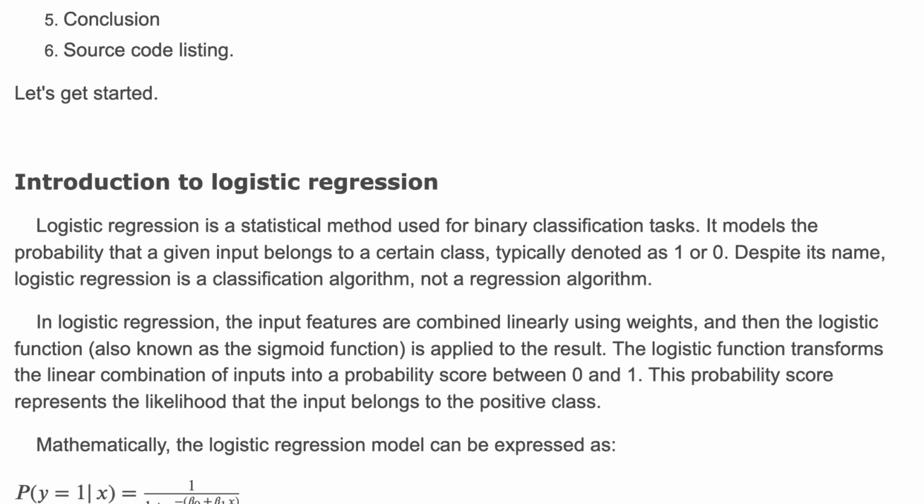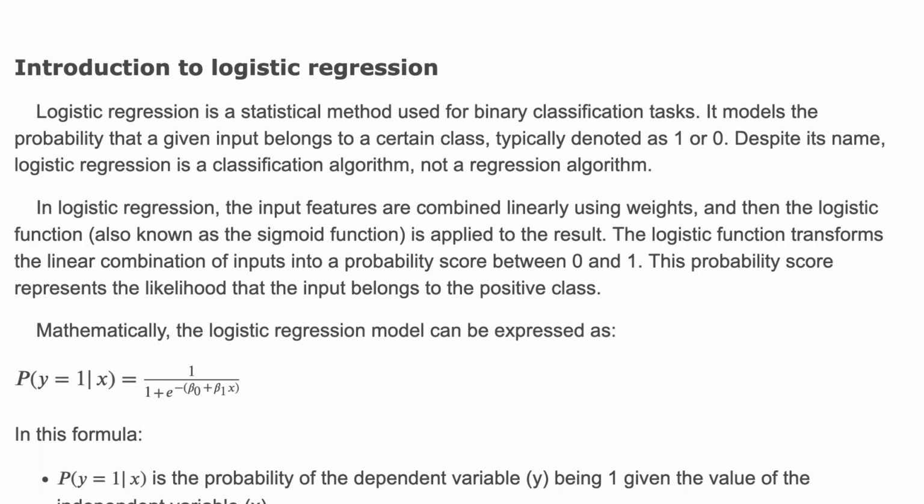Logistic regression is a statistical method used for binary classification tasks. It models the probability that a given input belongs to a certain class, typically denoted as 1 or 0. Despite its name, logistic regression is a classification algorithm, not a regression.